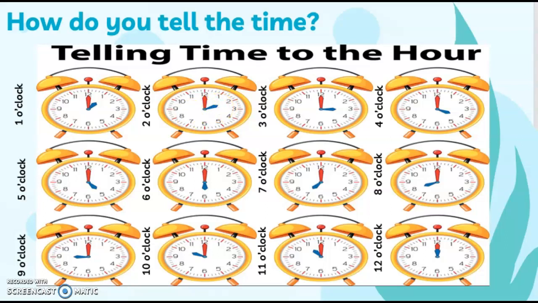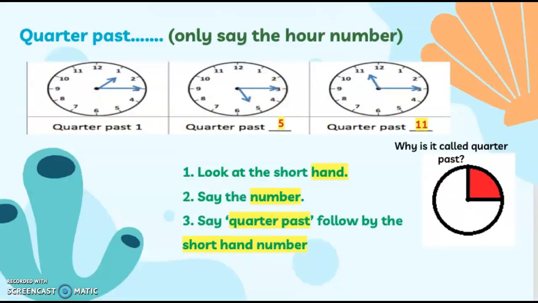Move on to the use of quarter past. How do we use quarter past, and when do we say quarter past? Look at these three pictures. The long hand shows at number 3 in all three pictures.